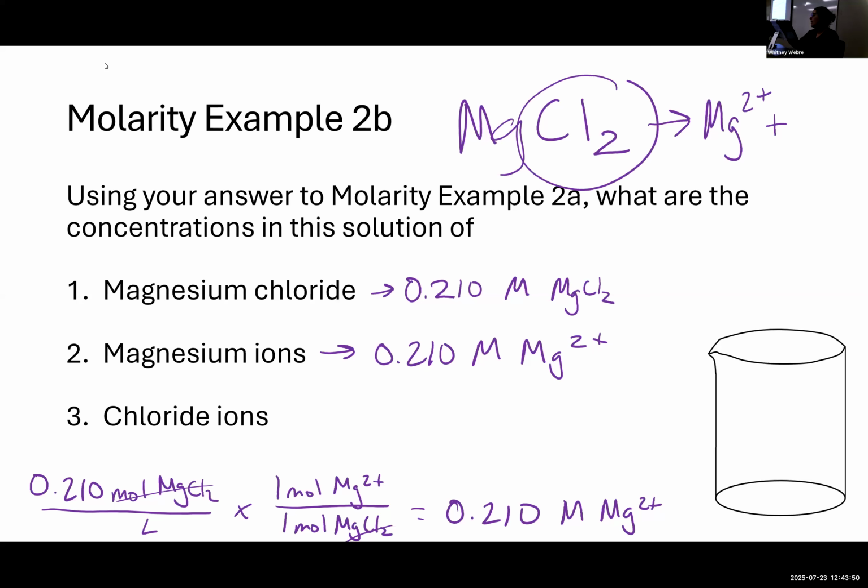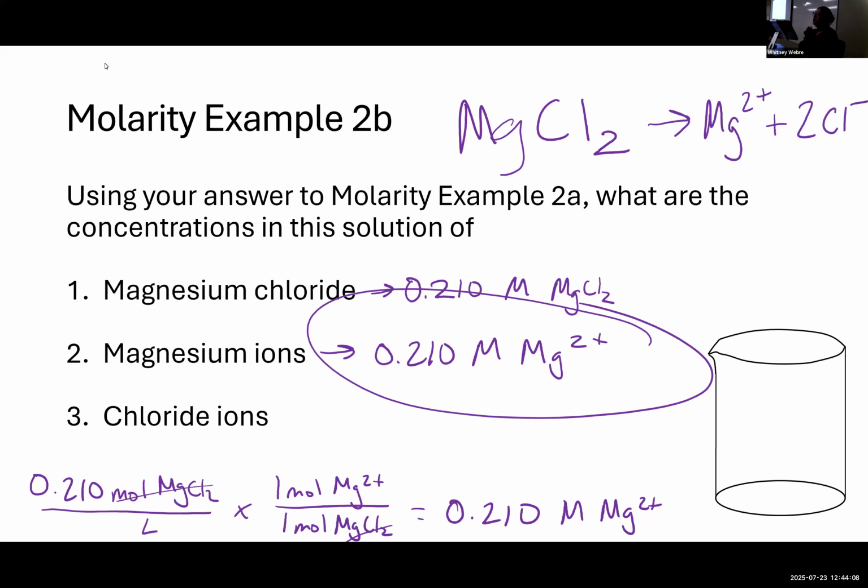So how many chloride ions are in every mole of MgCl2? 2. So conceptually, I should have twice as many chlorides as I do magnesium based on that theory. So what should I do to this number to get the total chloride concentration?